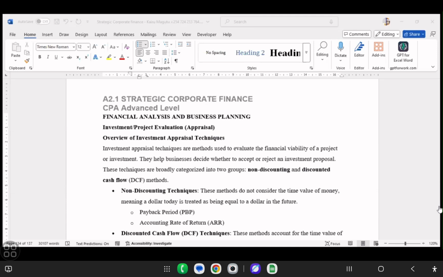Someone says discounted PBP, discounted payback period. I believe you are referring to that. There are many others. Modified internal rate of return, yes.